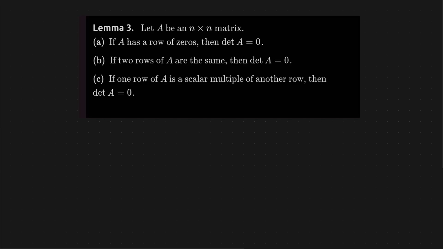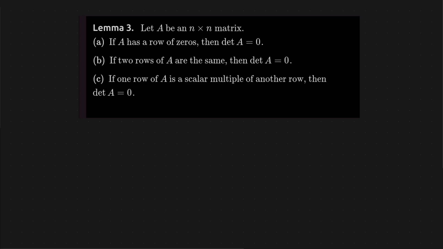After that last example, you may be questioning how practical it is to actually use elementary row operations to help us calculate the determinant of a matrix. And you'd be right. It's a long, laborious process. Now, I will say that, especially for large matrices, it can be useful to do a limited number of elementary row operations to make the matrix just a little bit easier to take the determinant of.